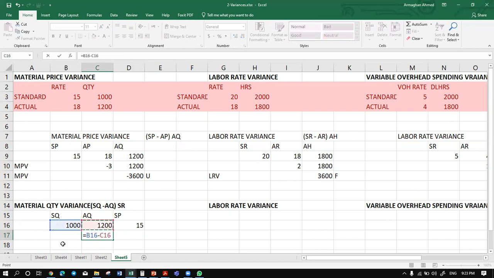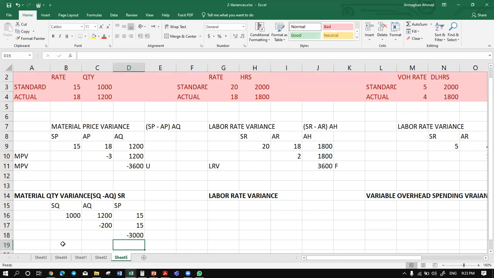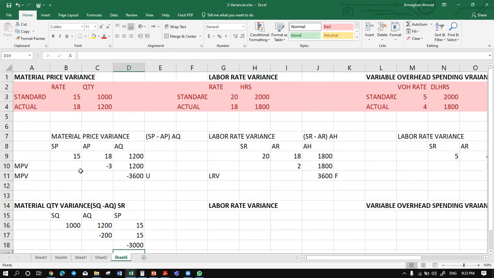Minus 200 times 15. What will come here? 3000, sir. Right? So remember this point. This is the material quantity variance. Now, labor rate variance, how will we calculate labor rate now?